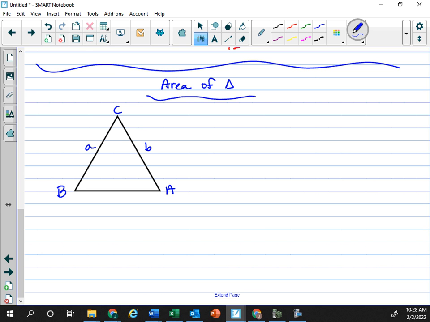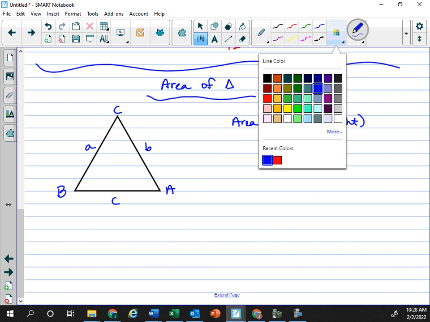So this is how I'm labeling my triangle this time. Okay, back in geometry, how would you find area of a triangle? What would you guys do? It's kind of like base. Okay, half base times height, right? So let's look at that with what we know about law of sines, law of cosines, all that stuff.